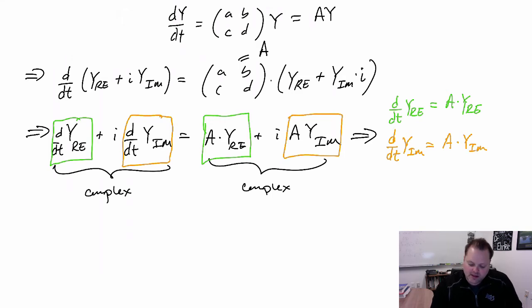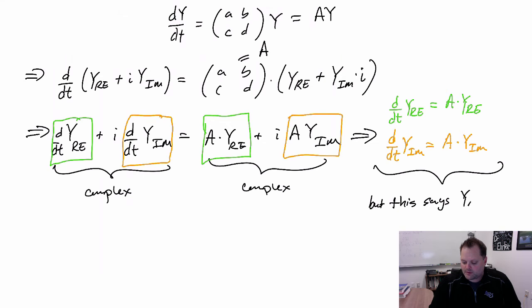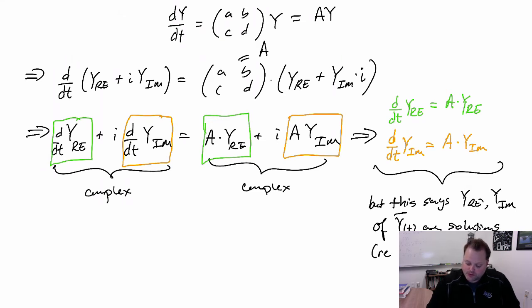But if you squint at this sideways, all this is saying is that the real and imaginary parts of y of t are solutions, in fact, real solutions of the system dy/dt equals Ay.